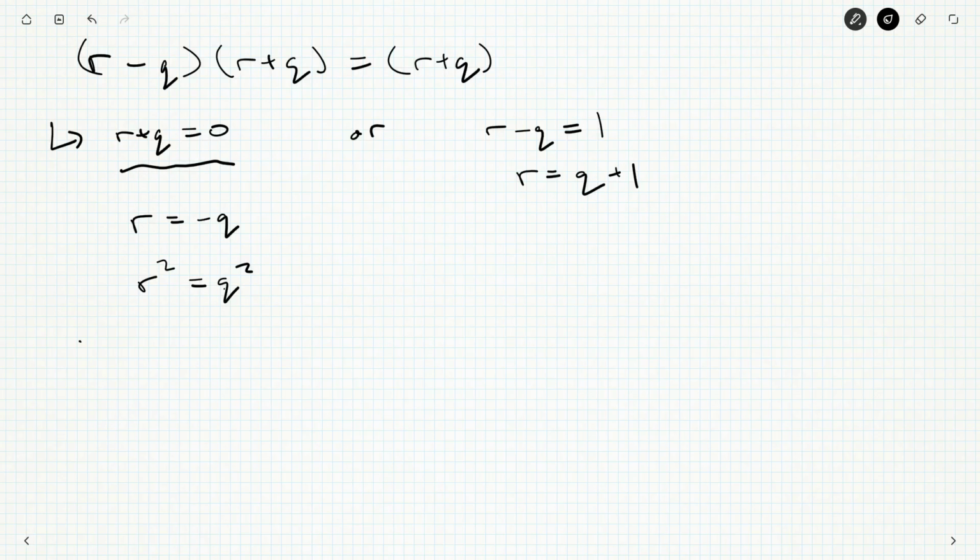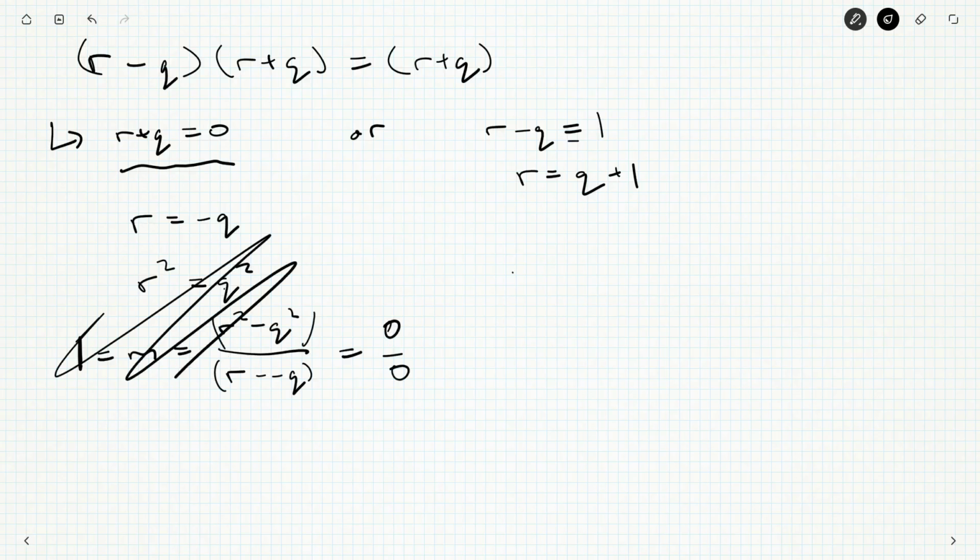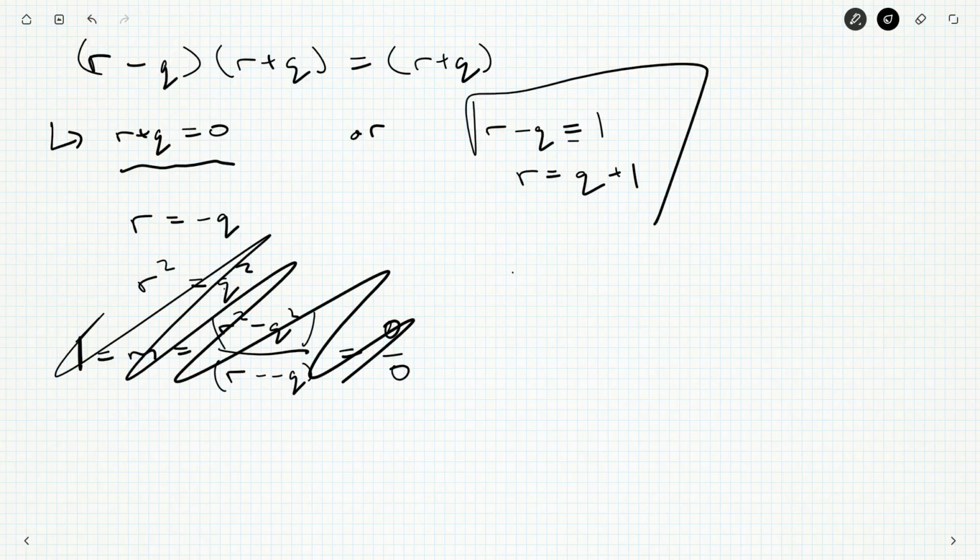And so the 1, which happens to be the slope of our line, which both of these points are on, you get R squared minus Q squared over R minus negative Q has got to be equal to 1. Okay, so that's impossible because then we get 0 on top and 0 on bottom. So obviously that can't happen, so we're looking at R minus Q is equal to 1, so R is equal to Q plus 1. Okay.